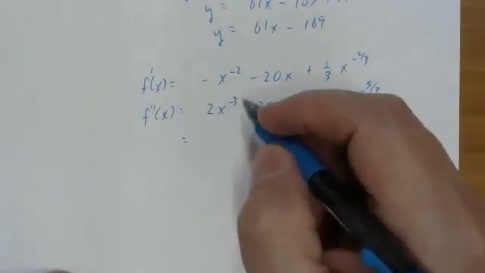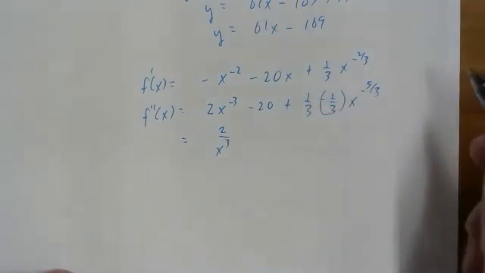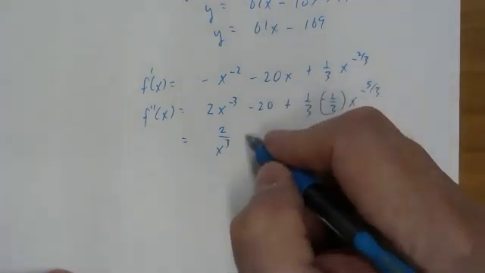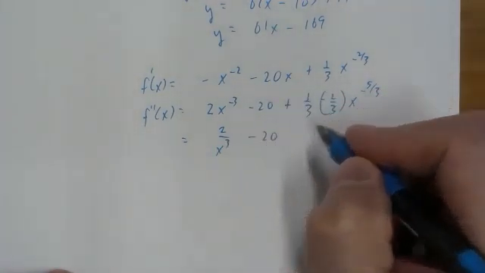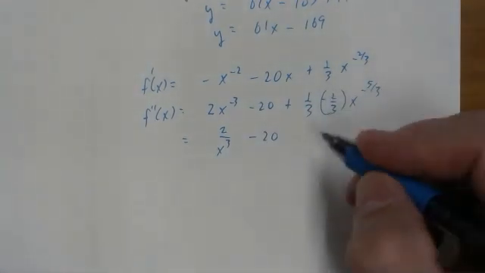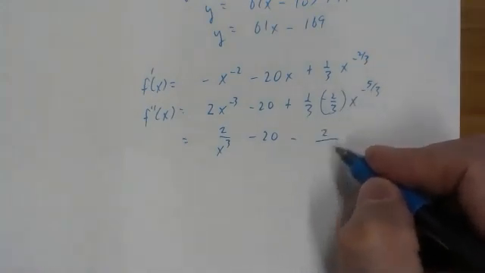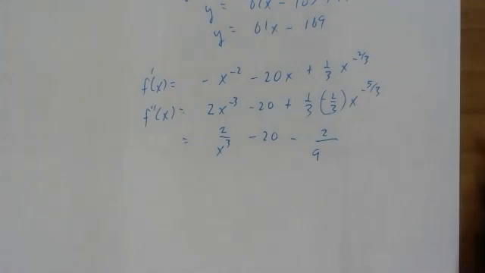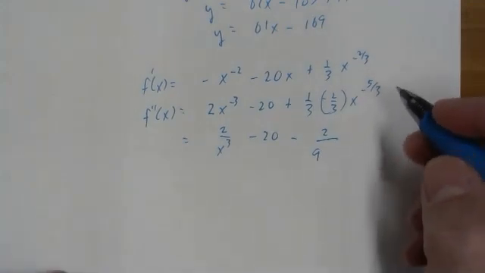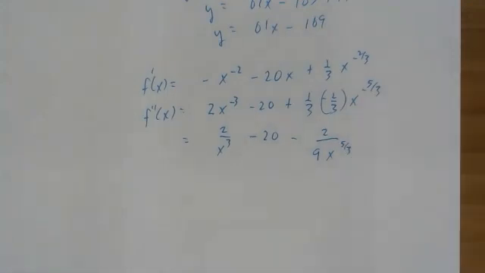So if I clean things up, 2 over x cubed minus 20 minus 2 over 9, I will say x to the 5/3.